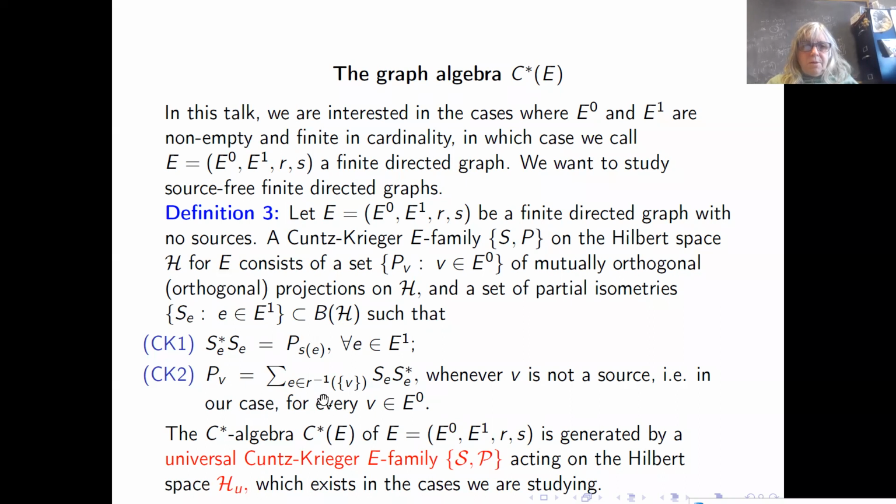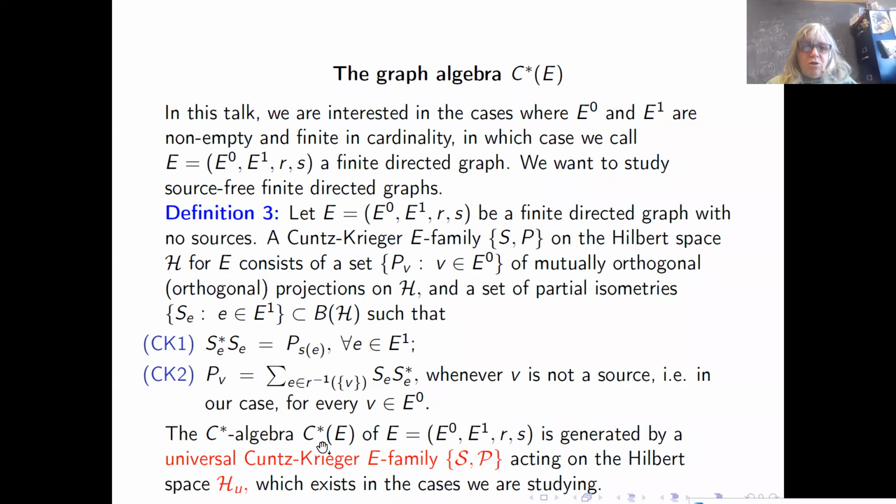And then of course, when you sum these all up over all the V, they're orthogonal, they give you the unit for your C-star algebra. So this is called a Cuntz-Krieger E family. It gives you a representation of the graph algebra.